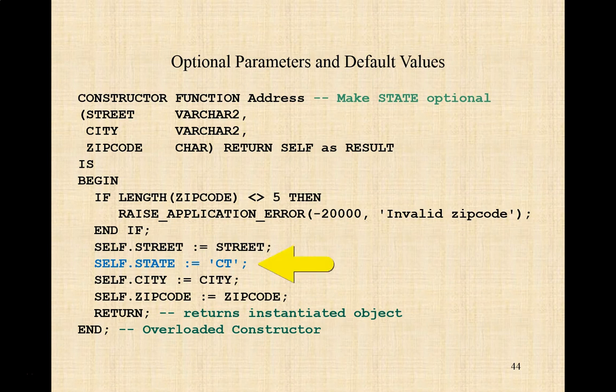But notice the assignment to self.state, nothing was passed in. There is no state argument. So we hard-coded the value here. This is the default value. The addresses will all be within the state of Connecticut. This is an overloaded constructor because we now have two definitions of the constructor function named address.